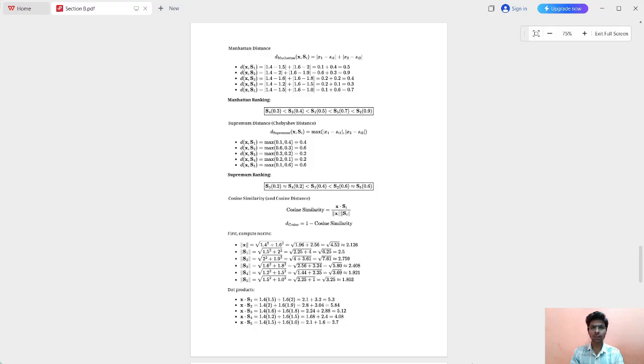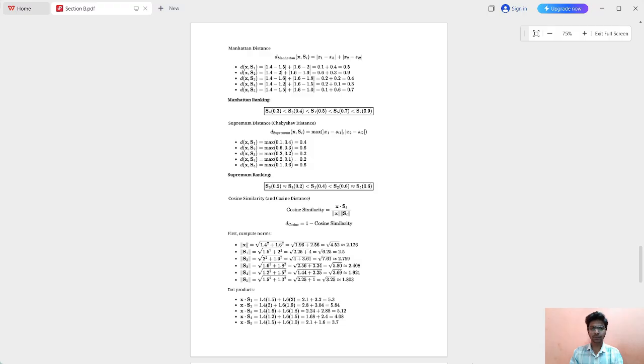So the answers are: S1 is 0.5, S2 is 0.9, S3 is 0.4, S4 is 0.3, and the last one S5 equals 0.7. So the Manhattan ranking is S4 at 0.3 is minimum, then S3, then S1, then S5, and S5 is smaller than S2.